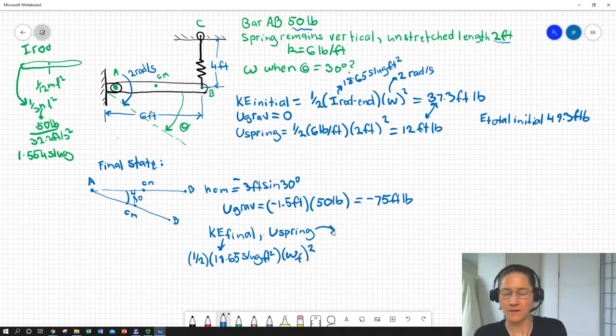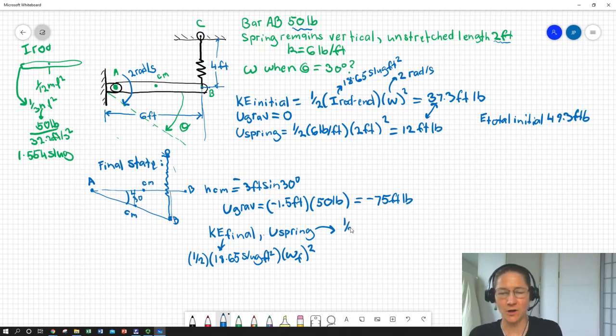And then our U spring final, our final energy is going to include the stretch to get to this lower position. So since the spring is basically going to be going along on its little pulley, so it's always vertical, we only have to look at this additional vertical distance.